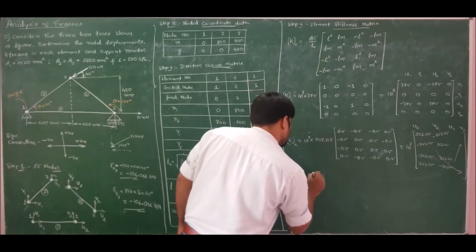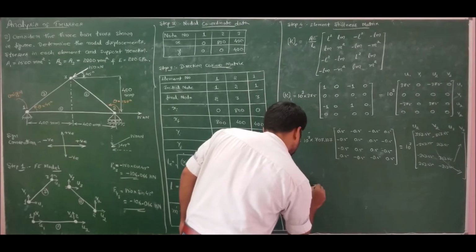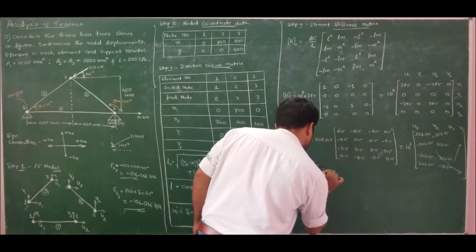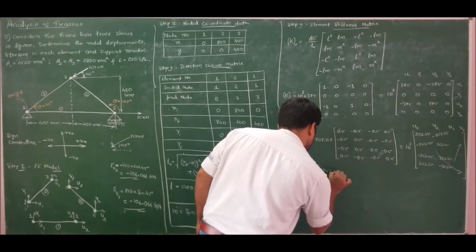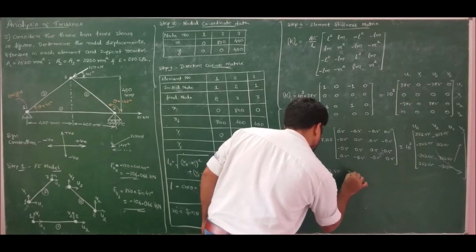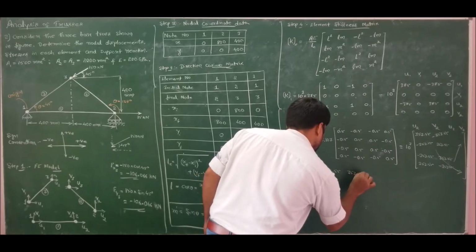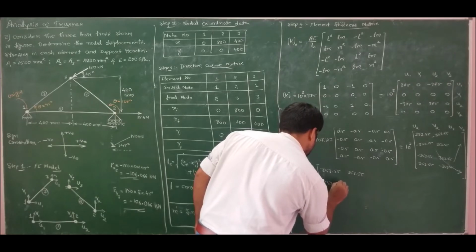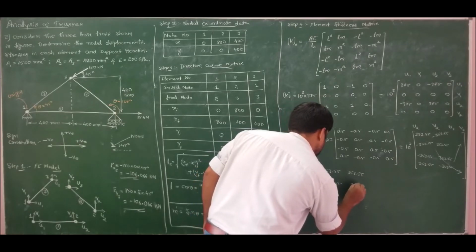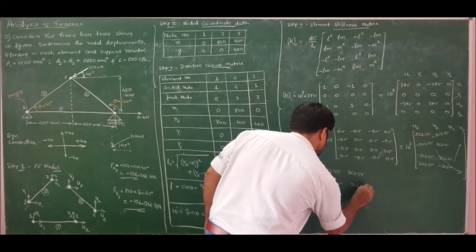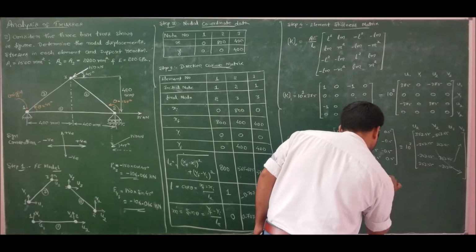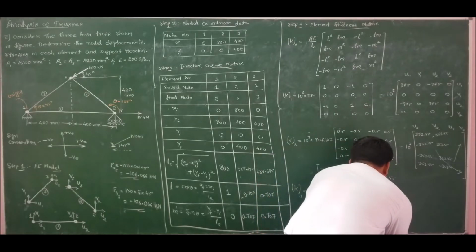Hence the element stiffness matrix for element 3 is plus 353.55, plus 353.55, plus 353.55, plus 353.55, and minus 353.55. Let me complete this matrix.